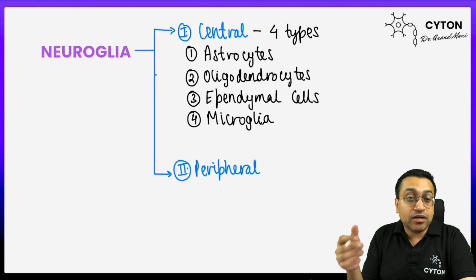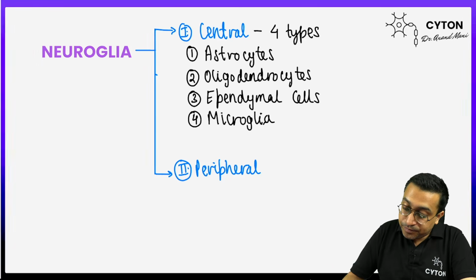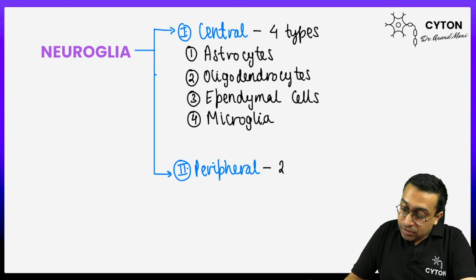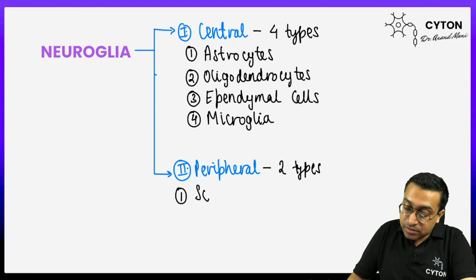And also you have peripheral neuroglia. Now peripheral neuroglia further have two kinds of cells. What are these? Let us see. We have two types. Number 1, that is the Schwann cells. Please see the spellings while writing.